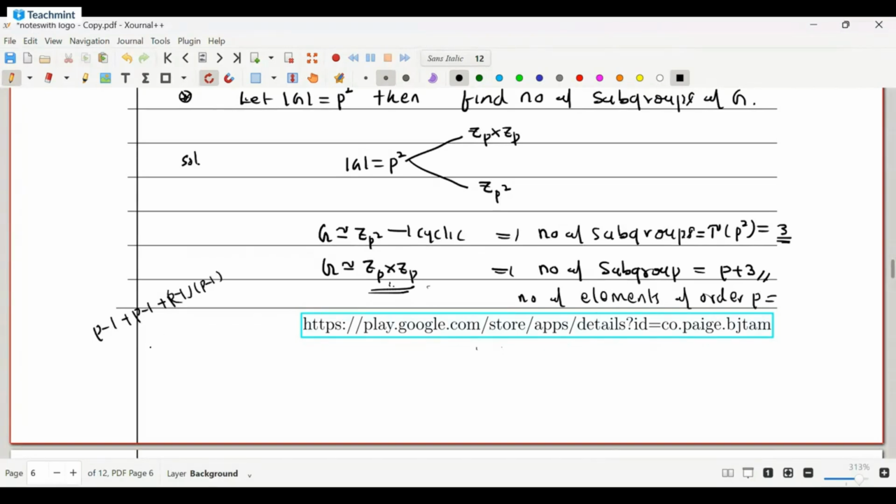Taking p minus 1 common, we get p minus 1 into p plus 1, which is p squared minus 1 elements of order p.